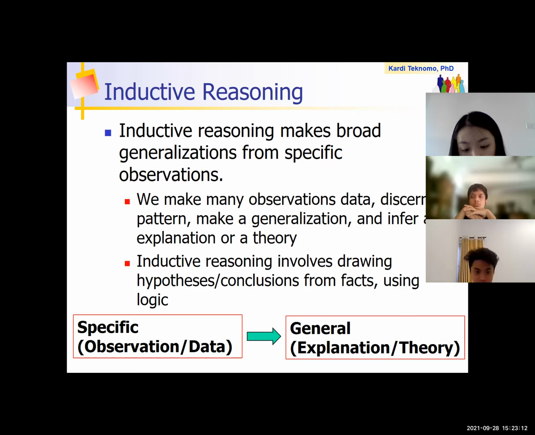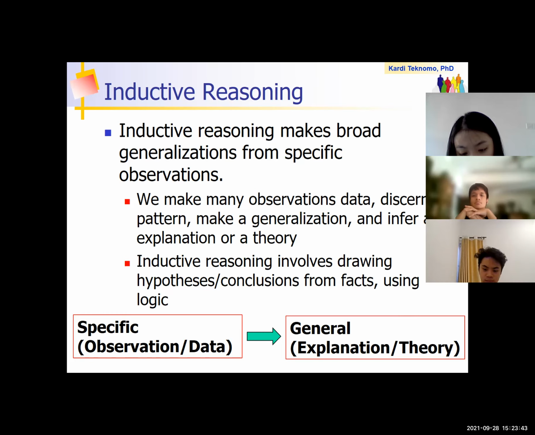So you start with your observation data, and then you discern some pattern. You get a certain pattern based on the data, then you generalize. How do you generalize? You create a concept, you create a theory, you create a hypothesis from the facts.